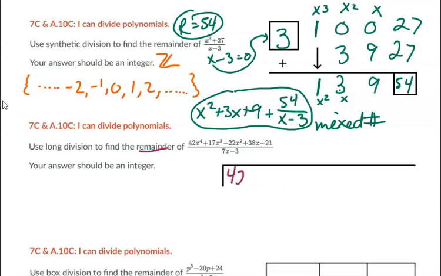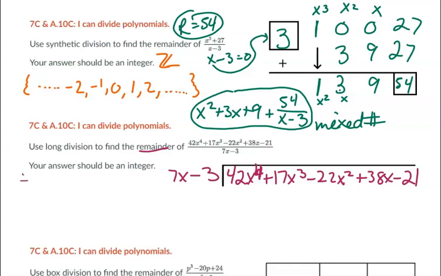Inside the house, we will write our dividend, the numerator at the top of our fraction. And now on the outside, we will write our divisor, our denominator, the bottom of the fraction. Just like with the elementary division problem, we will follow the same steps: divide, multiply, subtract, bring down, and then repeat until the end.